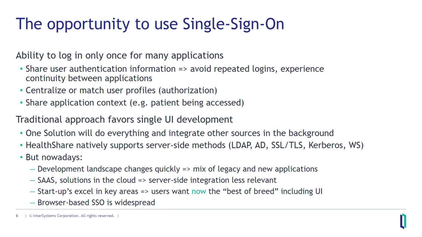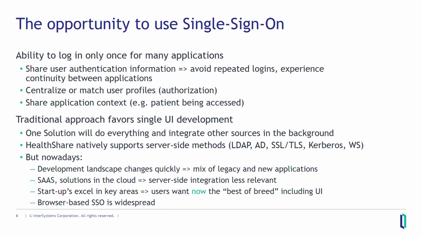The traditional approach for sharing user information between applications favors single UI development, and this is a way of saying that most of the time you'll have the vendor saying, well, my solution will do everything.